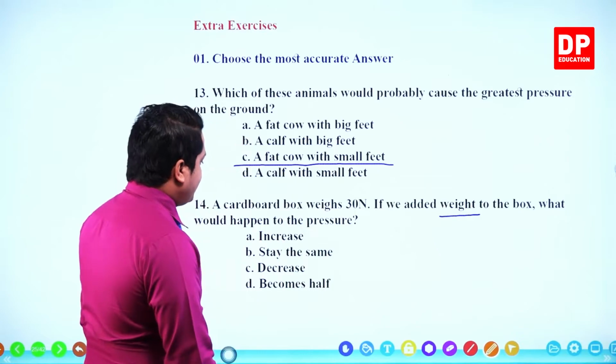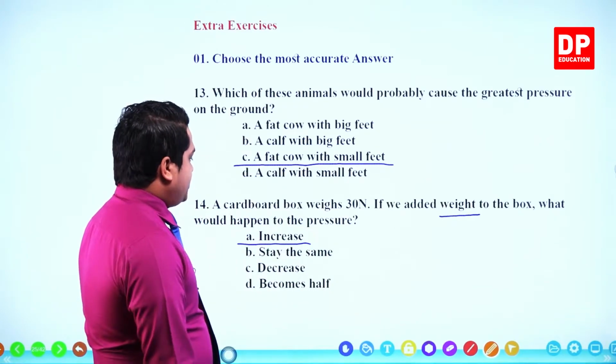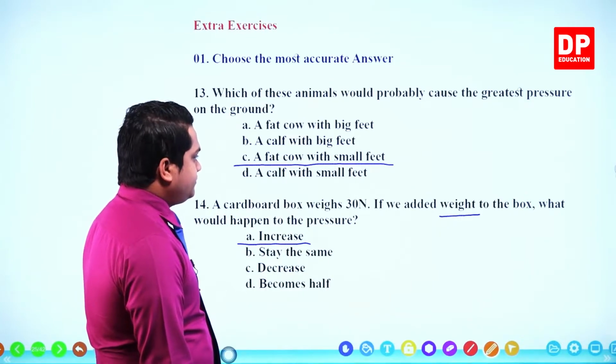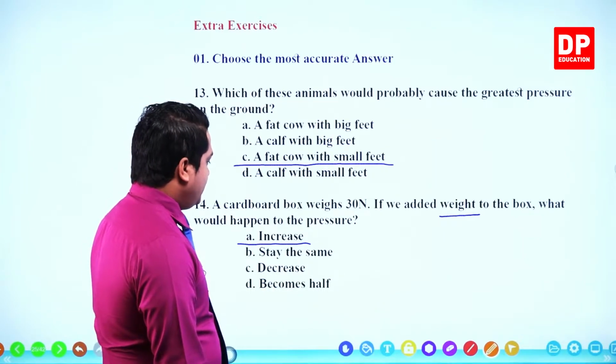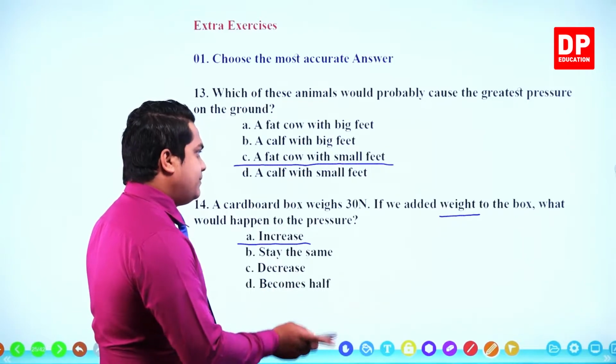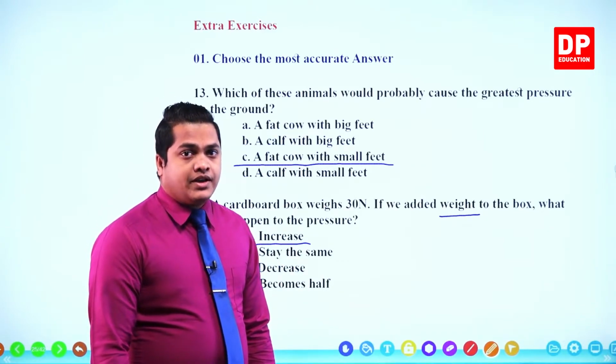So yes, the pressure should increase. It's not decreasing, and it's not remaining the same, but it is increasing upon increase in the weight, the perpendicular force.